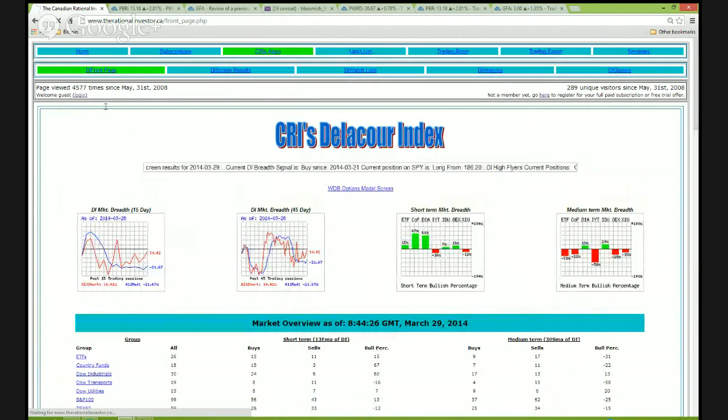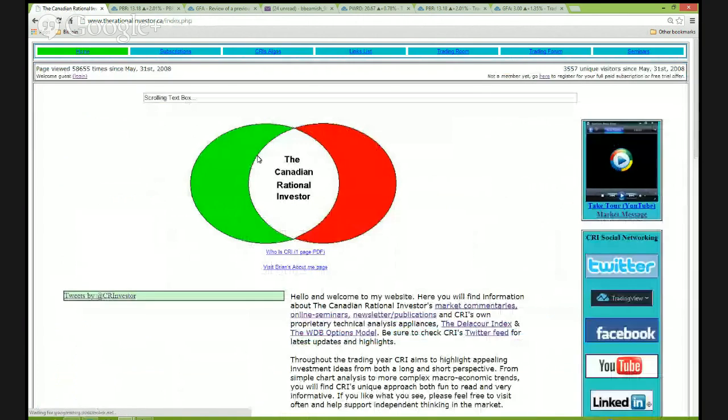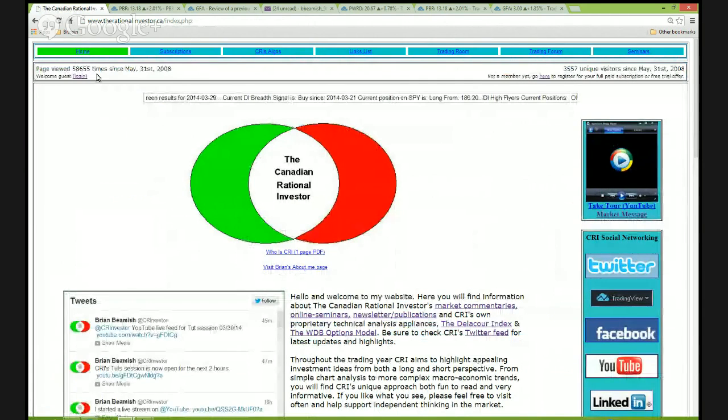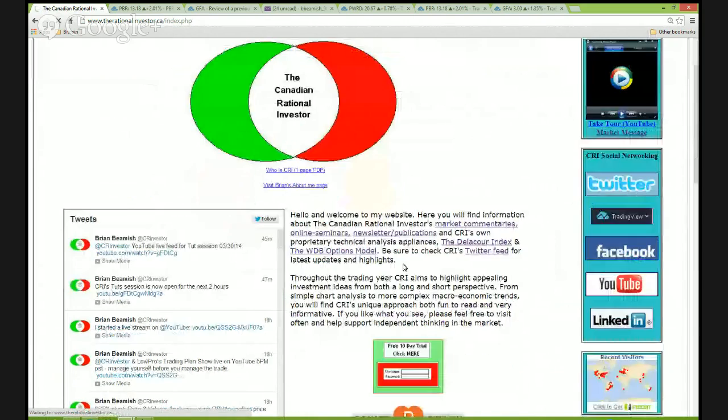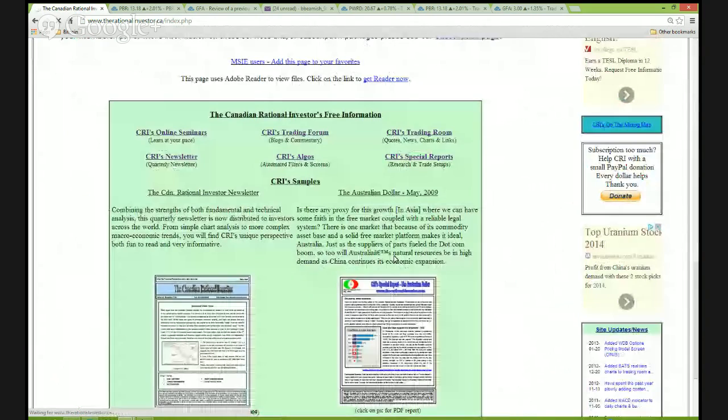But if you go to the website, we'll start on the home page just to keep it nice and simple. All right, so here's the home page. Up at the top, the first selection is subscriptions, then it's CRI's algos, so click on CRI's algos. And also, if you happen to be scrolling down through the page, you can find all these menu selections here.